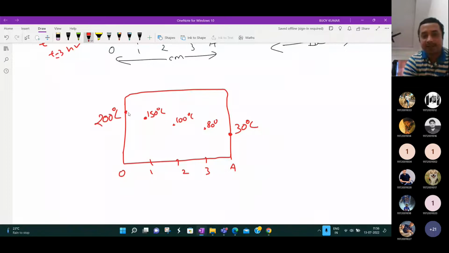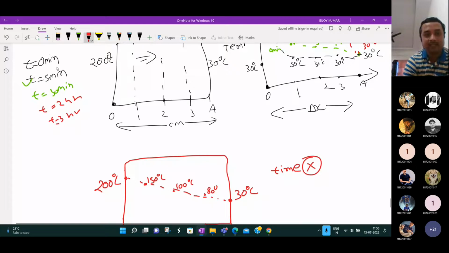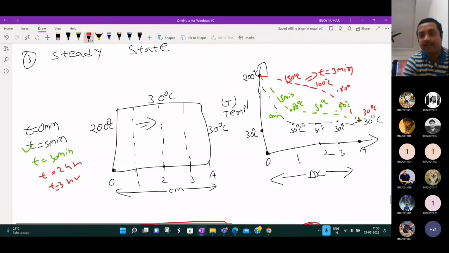You will find a constant profile. It means the temperature will change with respect to position, but with respect to time, it will not change. If the time increases, you will find a change in the temperature profile.